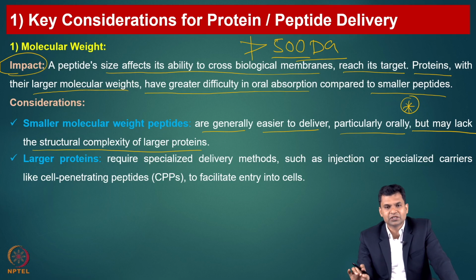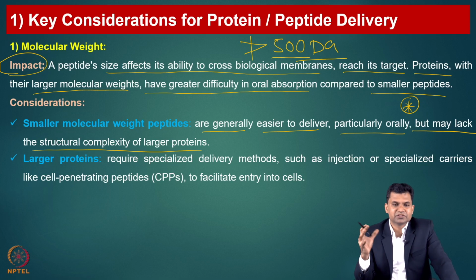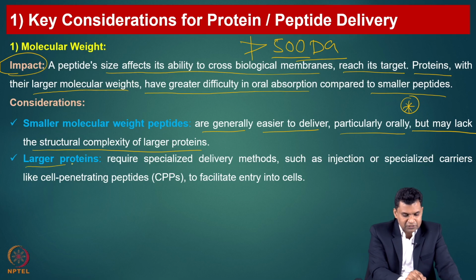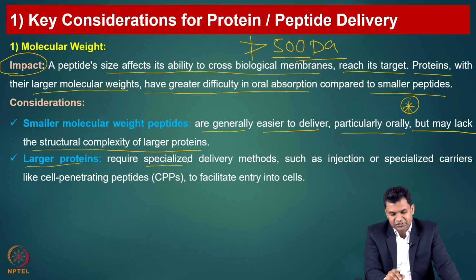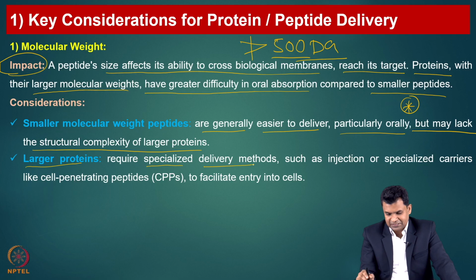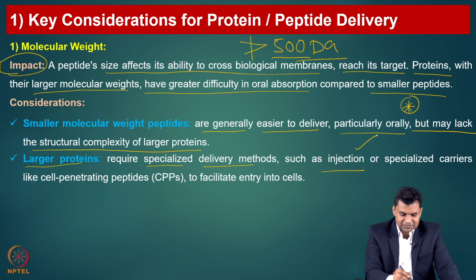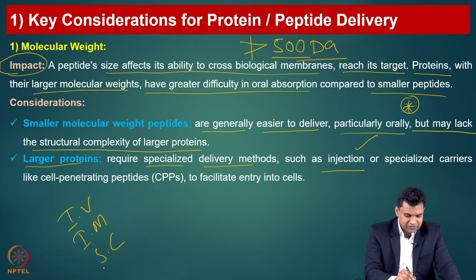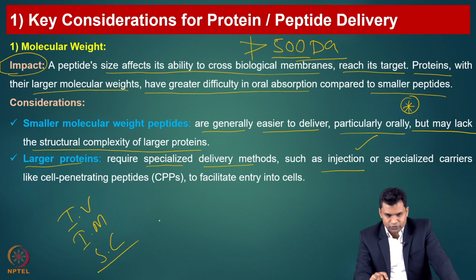cross the biological membranes, whereas it is different for large molecules. In such cases, larger proteins require specialized delivery methods, such as converting your oral formulations into injections, either intravenous or intramuscular, and in some cases subcutaneous is also possible.